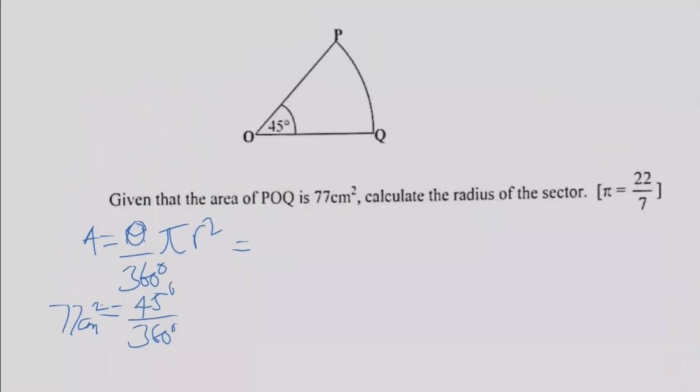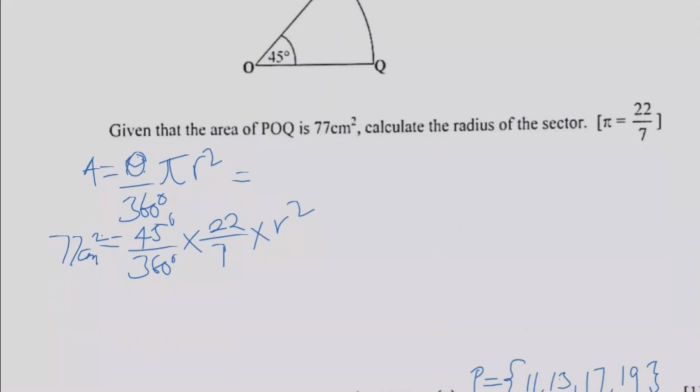Remember, this is degrees. Then pi, we are told we use 22 over 7. So we say 22 over 7, then times radius squared, which we don't know.